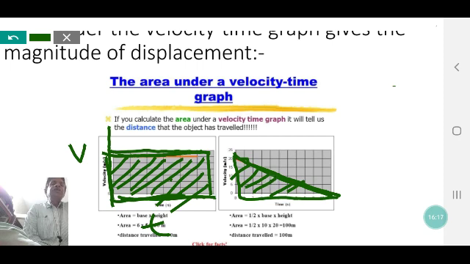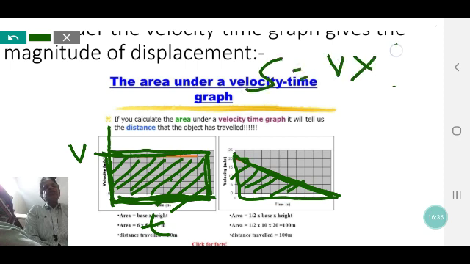This area gives the magnitude of displacement. And look here, if you find the area of the rectangle, suppose the height is v and the base is t. Now area is equal to s, which is equal to v into t.